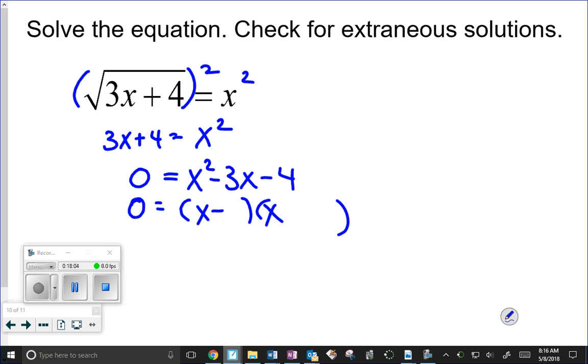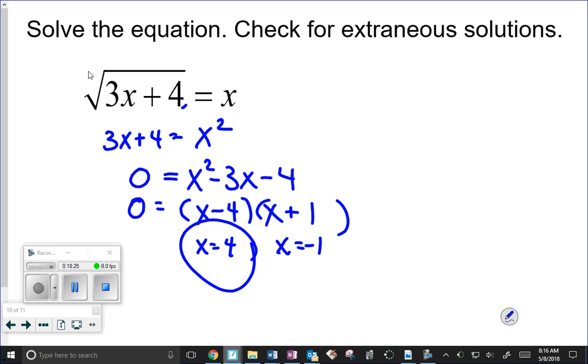Minus 4 plus 1. So x is either 4 or x is negative 1. I think the negative 1's not going to work because right here you're going to get a square root equals a negative, and a square root will never equal a negative. That's the only solution. Okay?